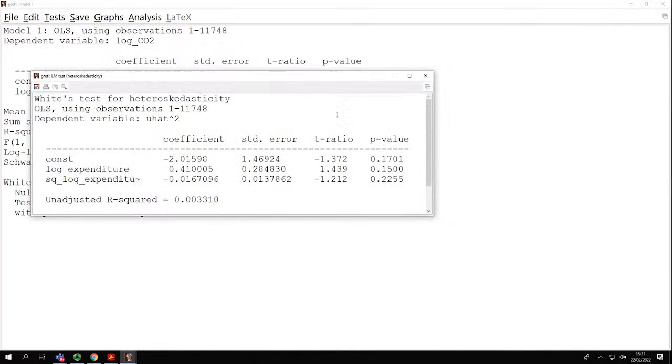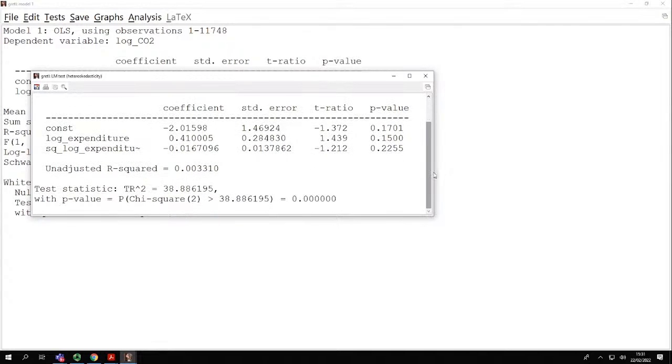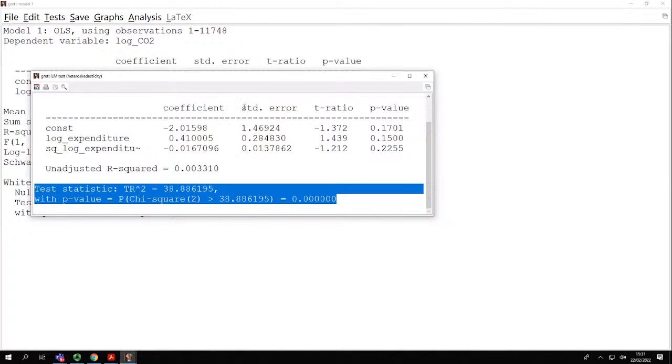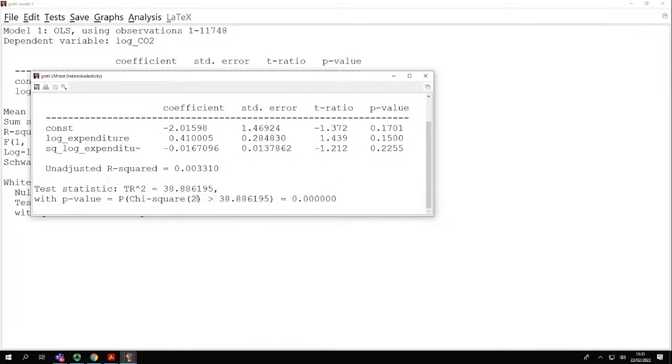So I run the White test, and I immediately recognize by looking at the bottom part of the test. We look at the upper part later on, not now, but according to the mechanical rule we said yesterday, we have to understand this mechanical rule.